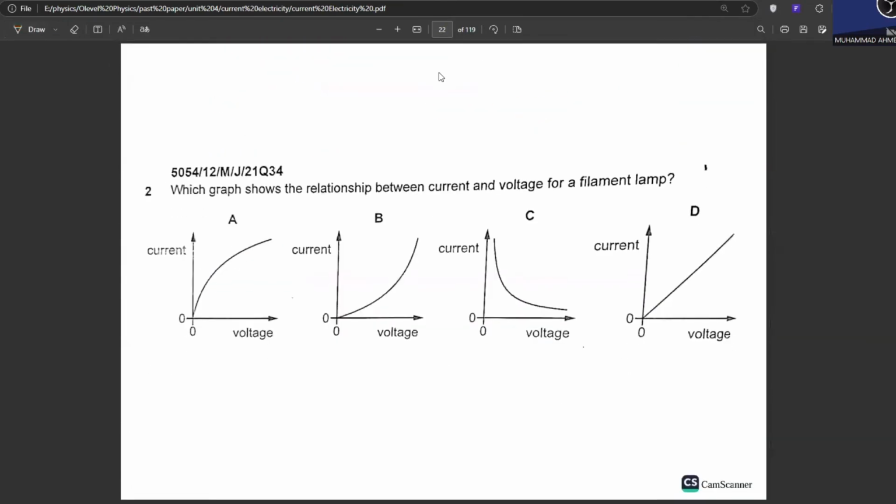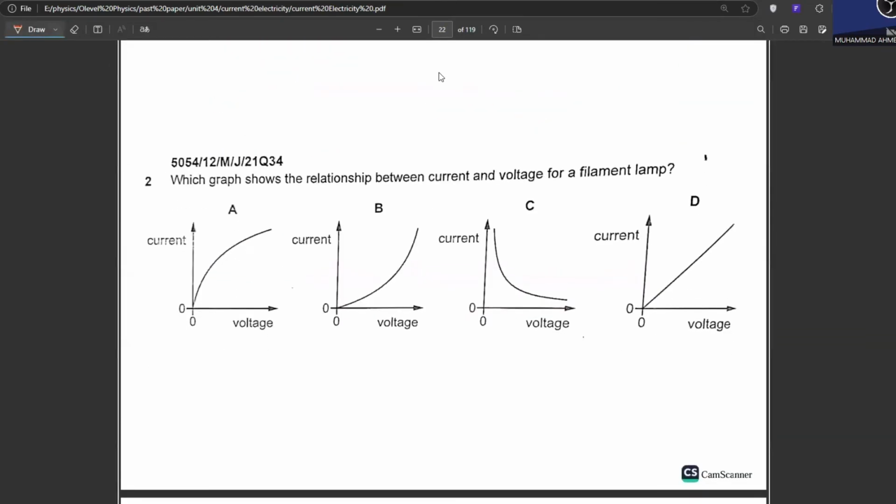Let's further move ahead. Let's see this. Which graph shows the relationship between current and voltage for a filament lamp? Okay. So if we remember from notes, the voltage versus current ratio for a filament lamp used to increase. Why? Because its resistance increases. As the voltage versus current ratio increases, which thing will decrease?